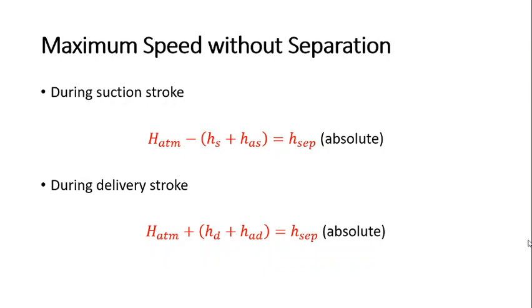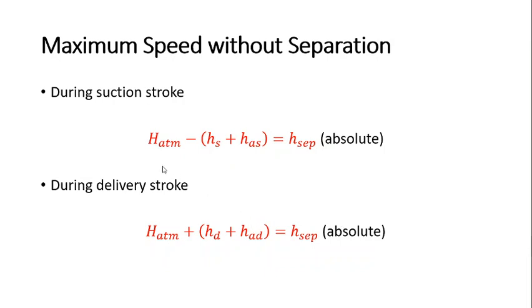So I already told you the possibility of separation occurs at the beginning of the suction stroke. So we have to ensure that at the beginning of suction stroke, the pressure head should be greater than or equal to the separation pressure. So if you know the separation pressure of the flowing fluid, you can decide what would be the suction pressure at the beginning of the stroke.